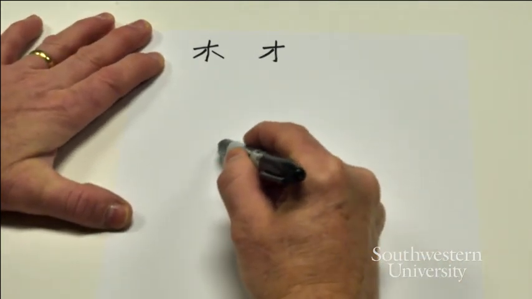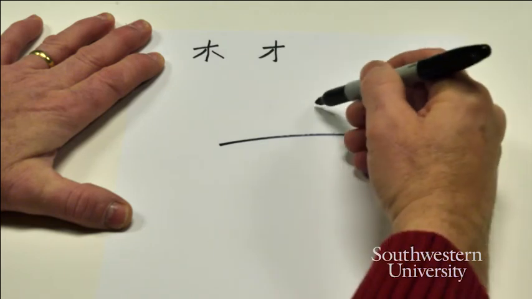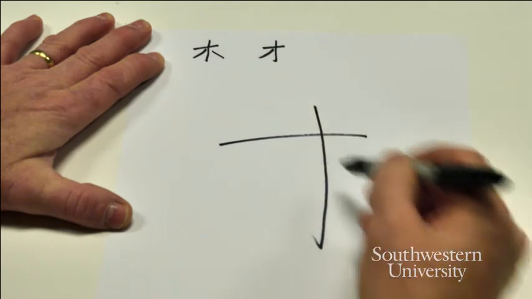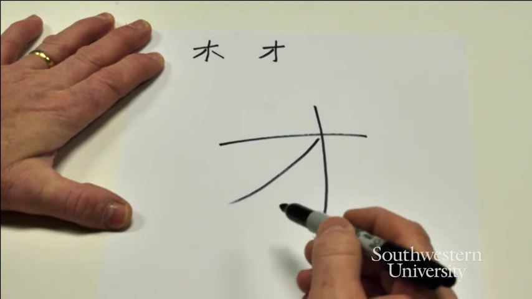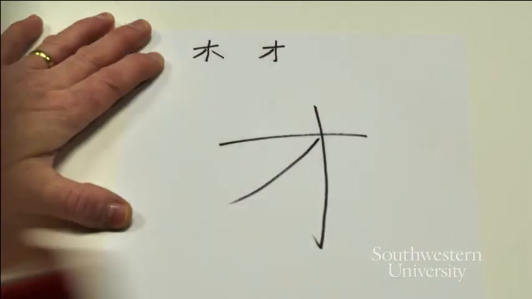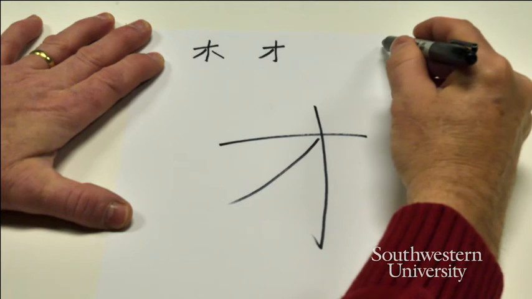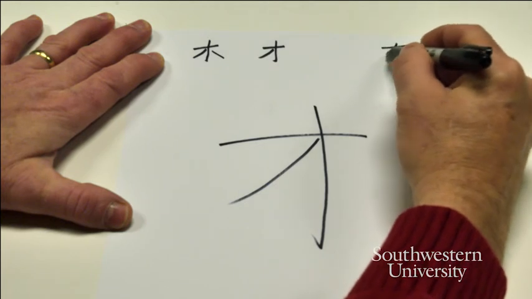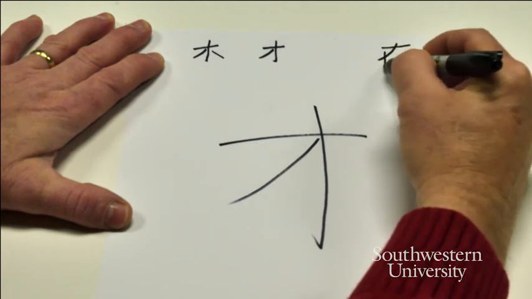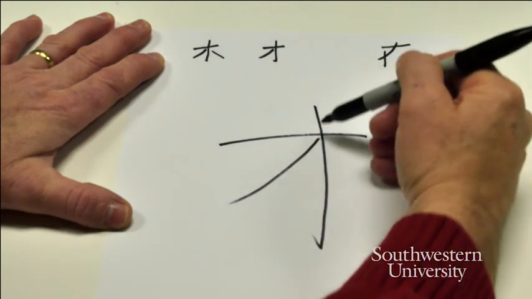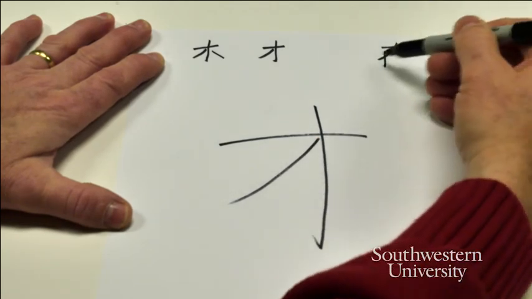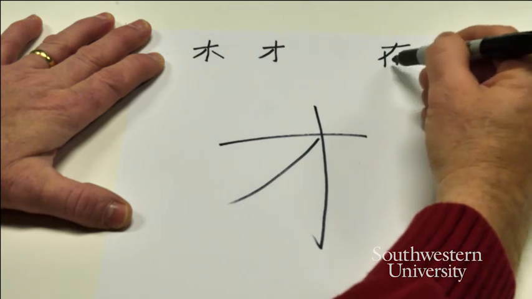So it's hung, shu go, pie. And just as a note to remember, in the character for zai, cai is the phonetic. But the pie is moved up and the shu is moved down into the side. Zai.